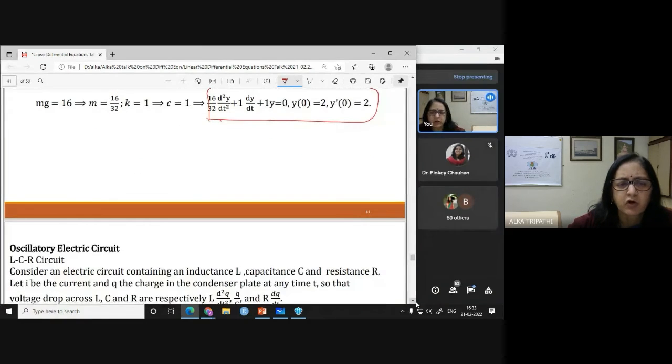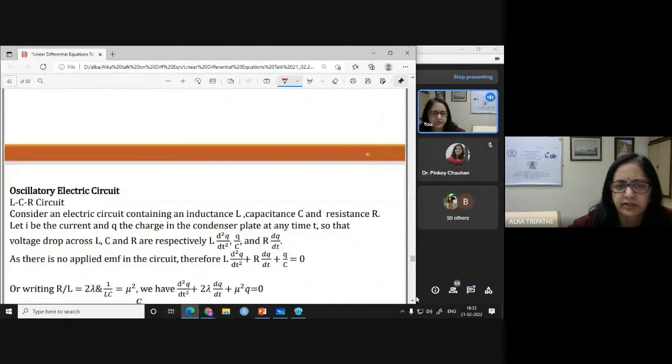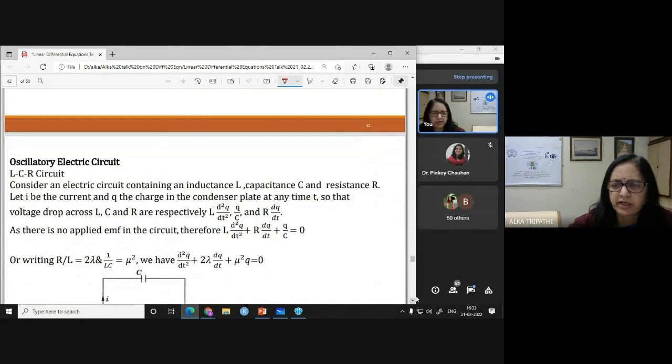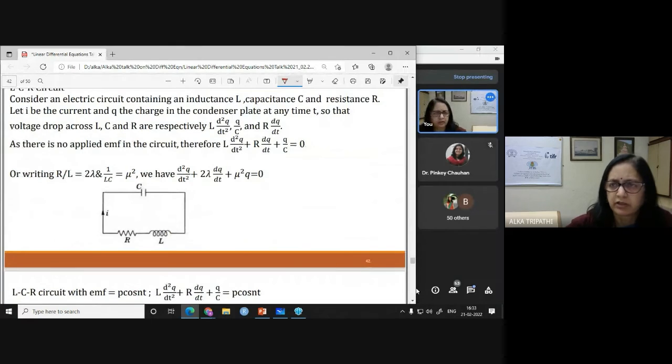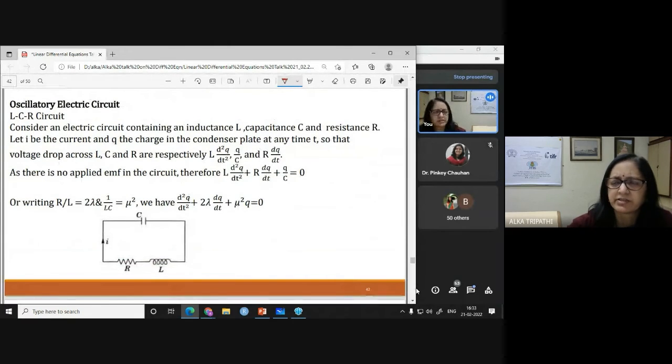Now, if I talk about an oscillatory electric circuit, suppose I have an electric circuit containing inductance, capacitance and resistance. The voltage drop at the inductance is L dq by dt, at the capacitance it is q by C, and at the resistance it is R dq by dt. By Kirchhoff's law, the applied voltage will be equal to 0 because there is no outside voltage.